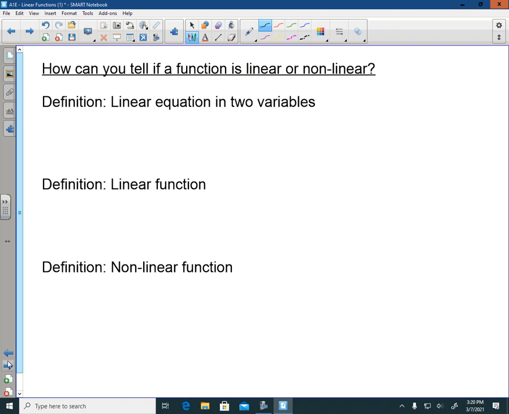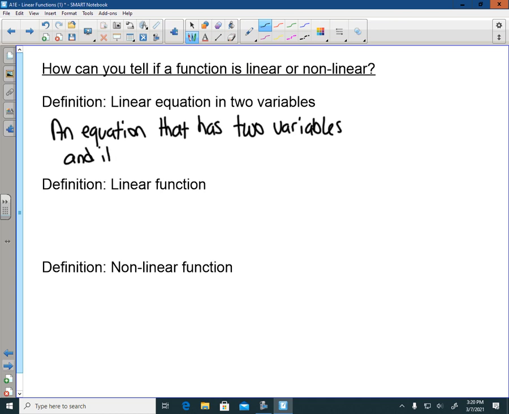A linear equation in 2 variables is an equation that has 2 variables and its graph is a line. 2 variables and its graph is a line.